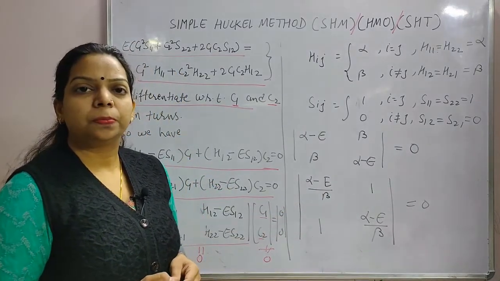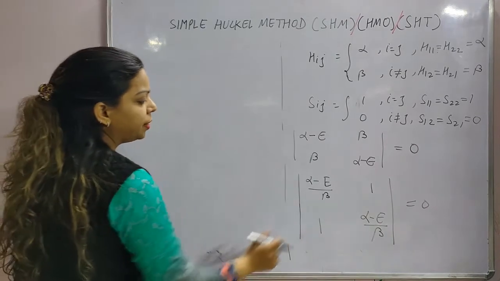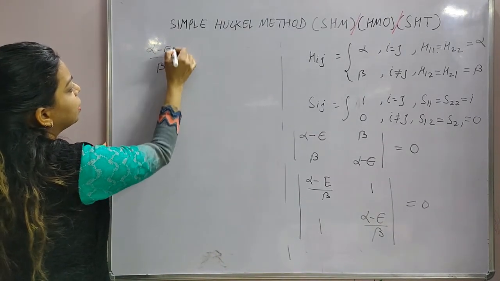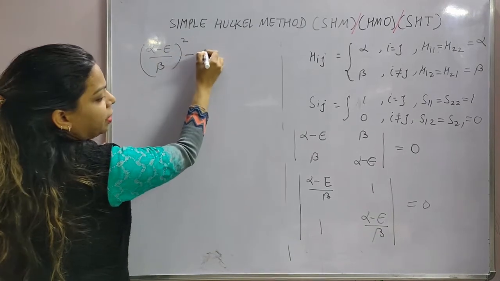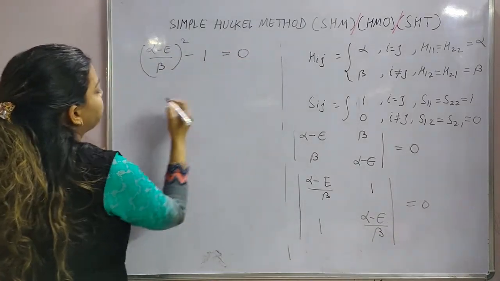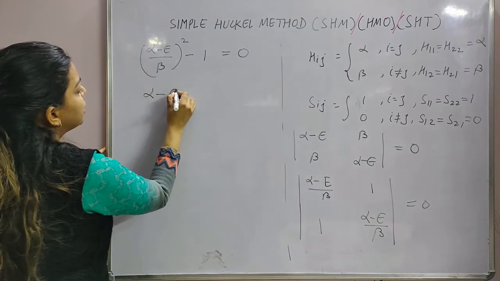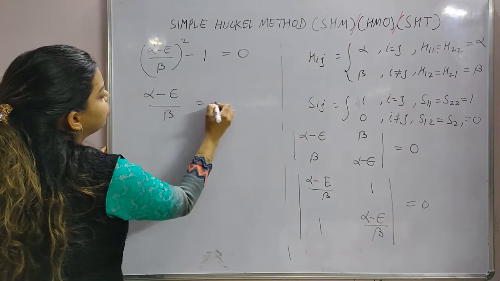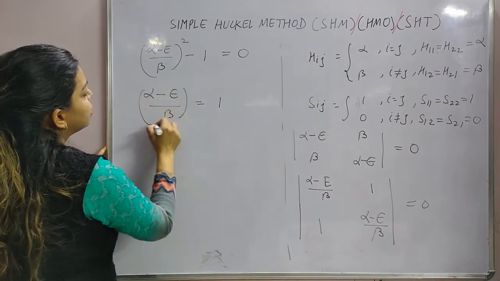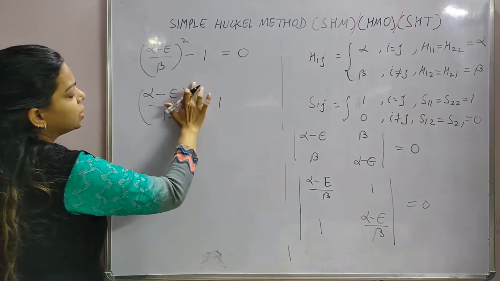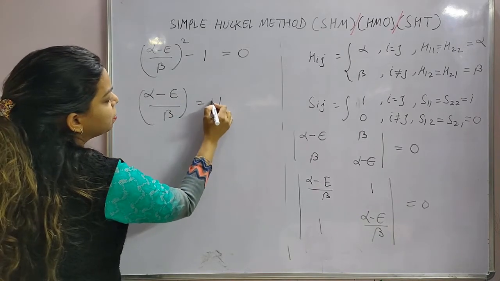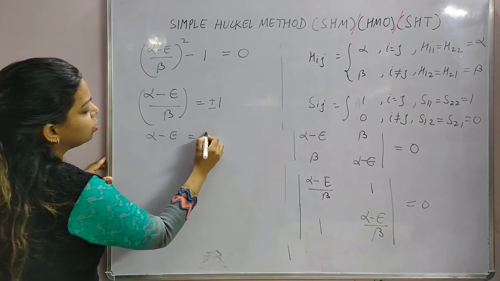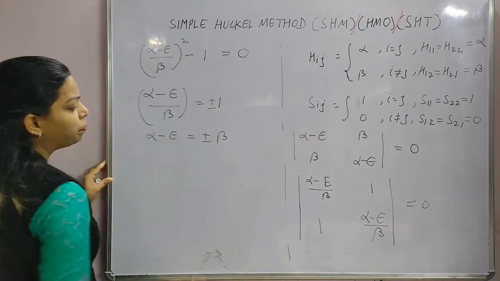Let's do it. When I solve it, I will have alpha minus E over beta, whole square, minus 1 equal to 0, or alpha minus E over beta is equal to the square root of 1, which means plus or minus 1. So I have alpha minus E is equal to plus or minus beta.